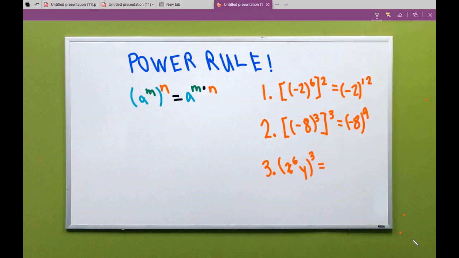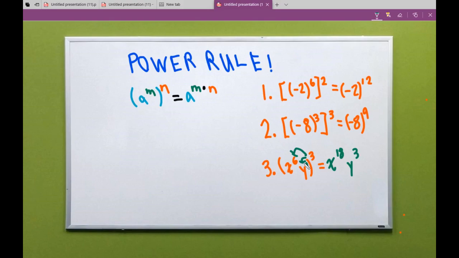So our x to the sixth power and our y. If we do that, we're going to get x to the 18th power, because 6 times 3 is 18, and then y to the third power, because 1 times 3 is 3. Remember, the y here has a power of 1.